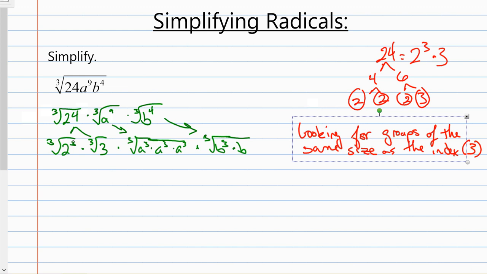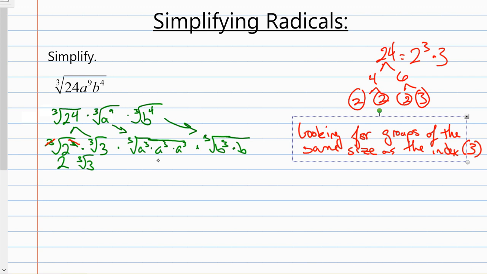So the cube root of 2 cubed, these two cancel. Let me do that in a different color. These two cancel, which leaves me with a 2. But I can't do anything to that cube root of 3. There's only one 3. It has to stay inside the radical.